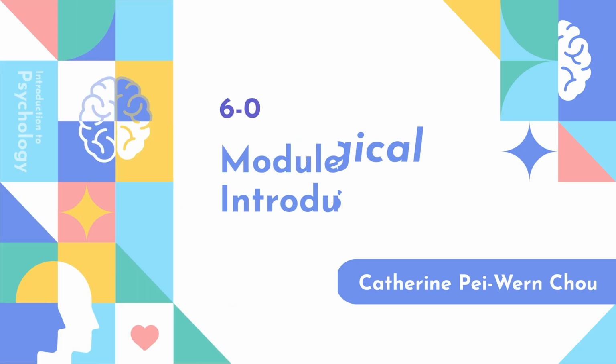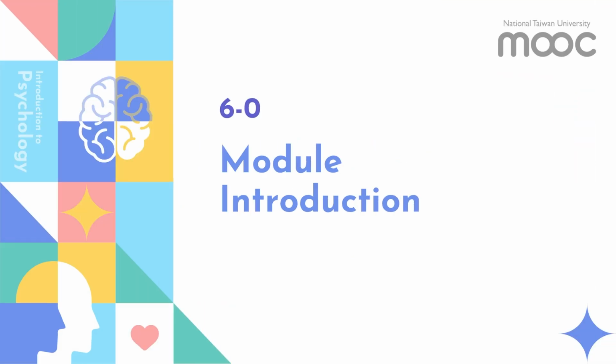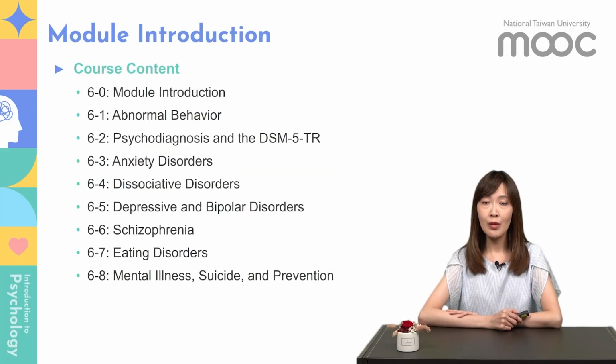So let's start. Now let's look at the module introduction. In this module, we will look at first the definition of abnormal behavior, and then we will look at DSM-5. After that, we will go over the different categories of psychological disorders, including anxiety disorder, dissociative disorder.